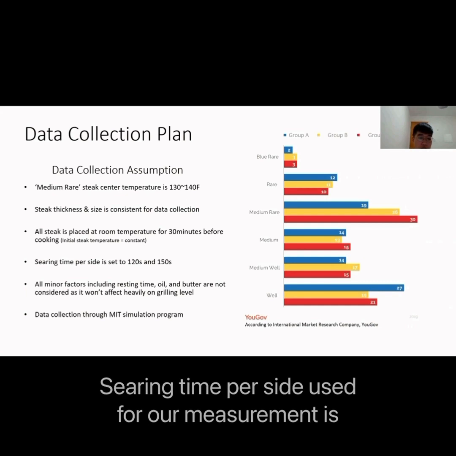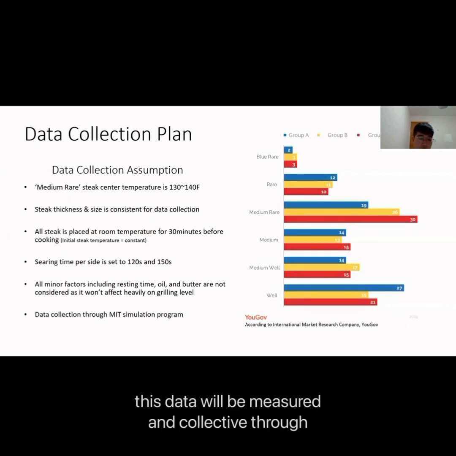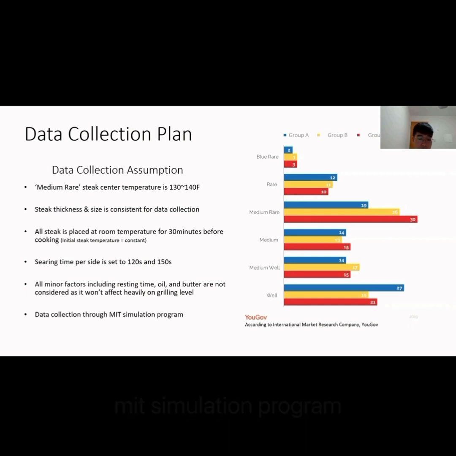Searing time per side used for our measurement is 120 to 150 seconds, and all other minor factors like resting and extra ingredients are not considered simply because they won't affect the grilling level that much. Lastly, this data will be measured and collected through the MIT simulation program.